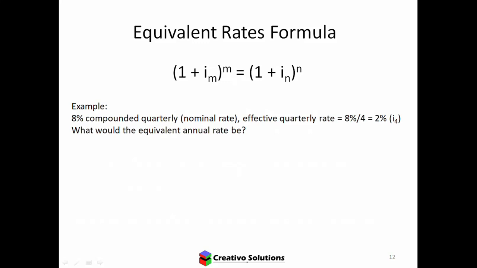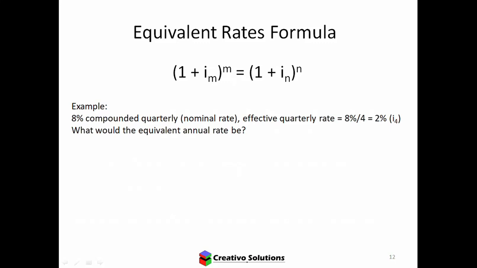Okay, so how do we do these equivalent rate calculation conversions? Well, the general equation is (1 + Im)^m = (1 + In)^n. So it all depends on what you've been given and what you're trying to calculate. In this example, we have 8% compounded quarterly.